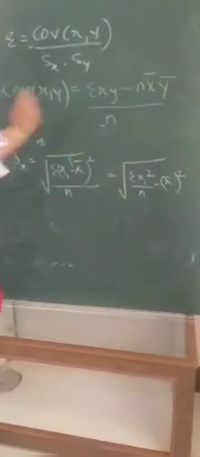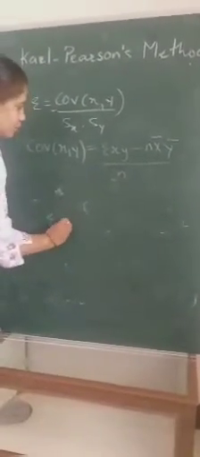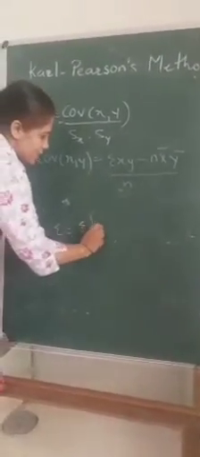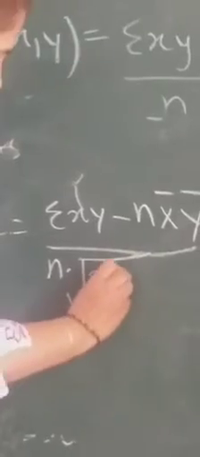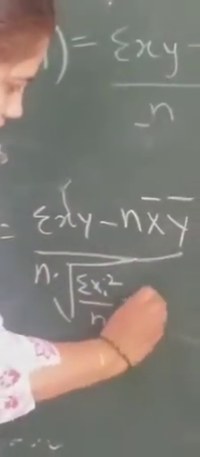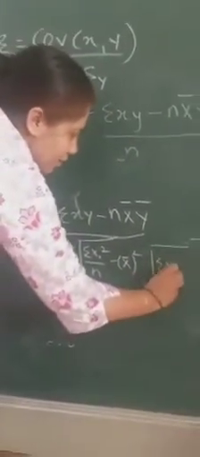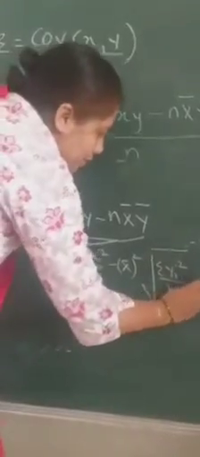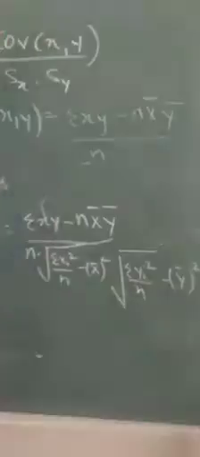So if I substitute this value in this formula, the formula for the correlation coefficient will change as r is equal to summation xy minus n x bar y bar upon n into square root of summation xi square upon n minus x bar square and root of summation yi square upon n minus y bar square.